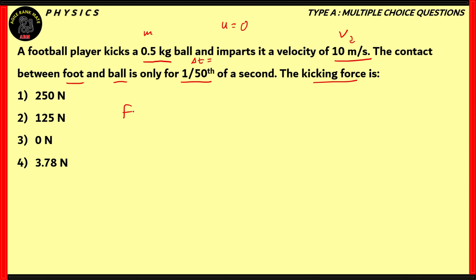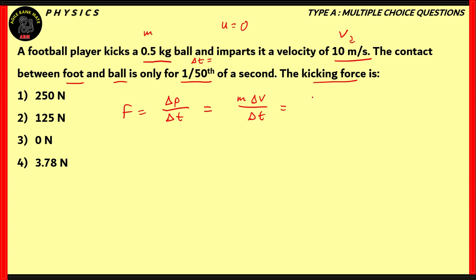Well, force is change in momentum over change in time. Over here, the mass of the ball stays the same throughout the motion. So m times delta v over delta t. Now delta v is v minus u, which in this case is 10 minus 0, which is 10.